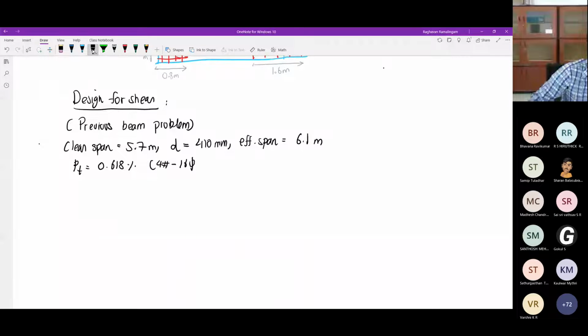Then the load, I forgot to take, just a minute. What is the load? Okay, this one I suppose. So this is the problem that we had already designed, this particular beam.